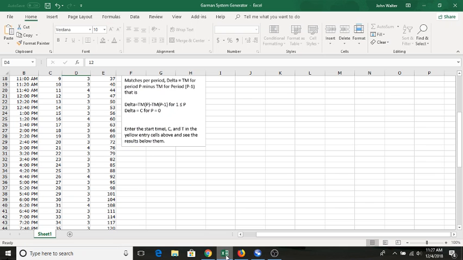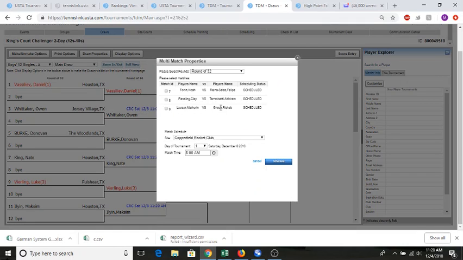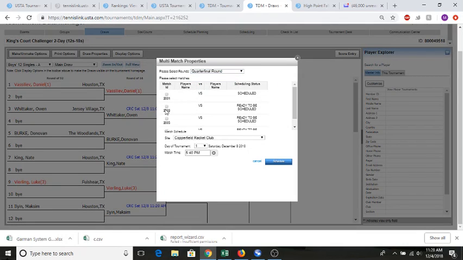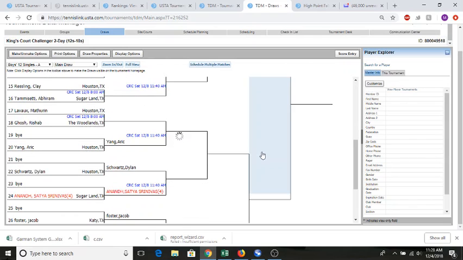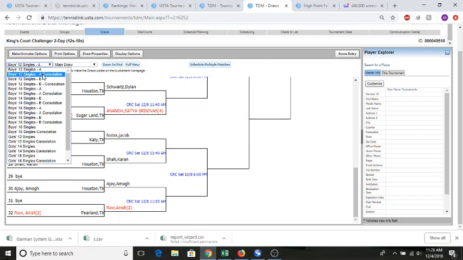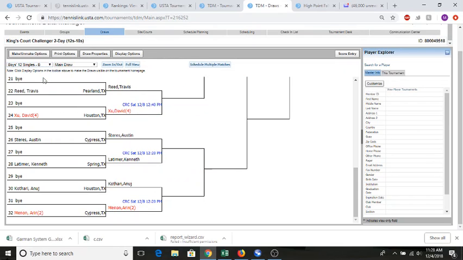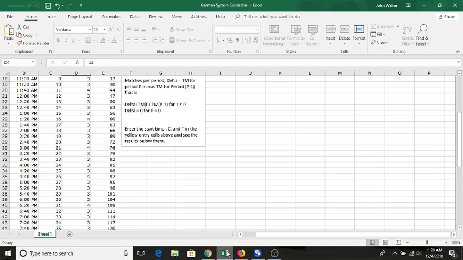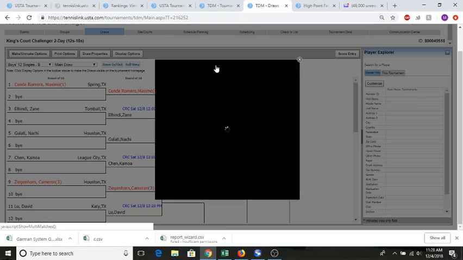And then I have 3 at 6. So then I'm going to go to draw B quarters. So that's my boys 12s B. And I have 4 to schedule at 6:20, so I can schedule all these quarterfinals at 6:20.